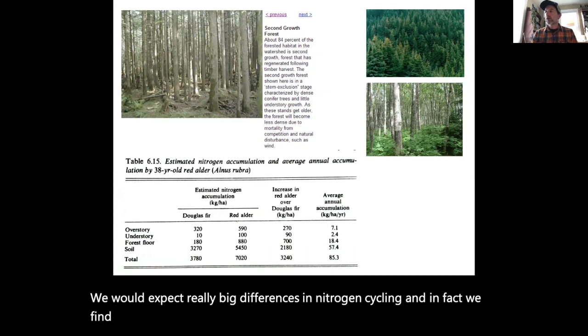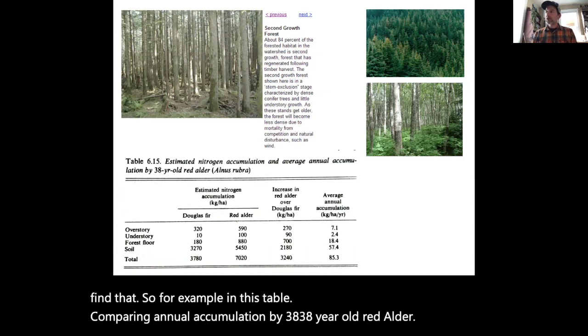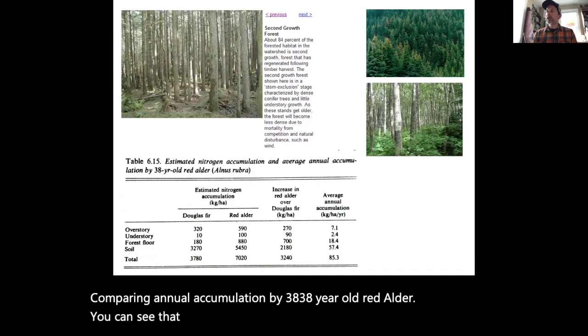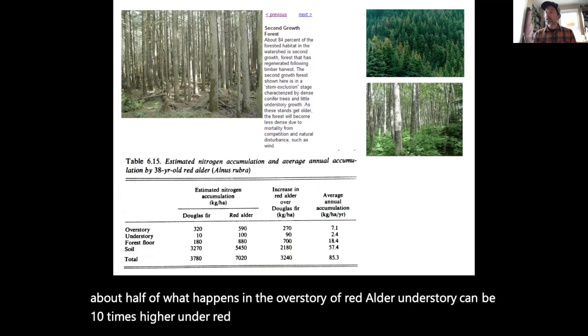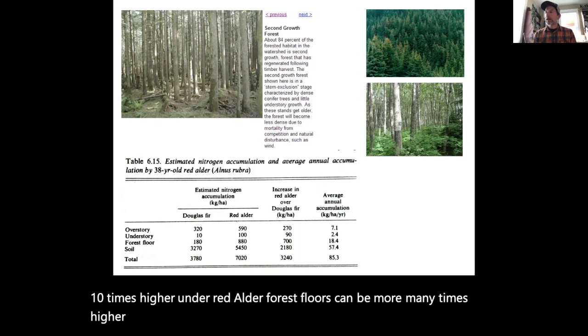So for example, in this table, you can see that nitrogen accumulation, if the overstory is Douglas fir, is about half of what happens in the overstory of red alder. Understory can be 10 times higher under red alder. Forest floors can be many times higher under red alder.